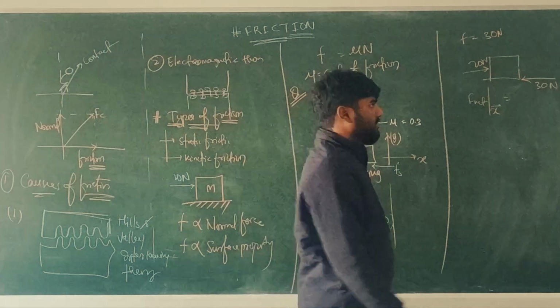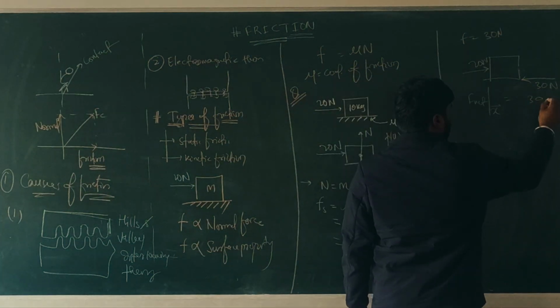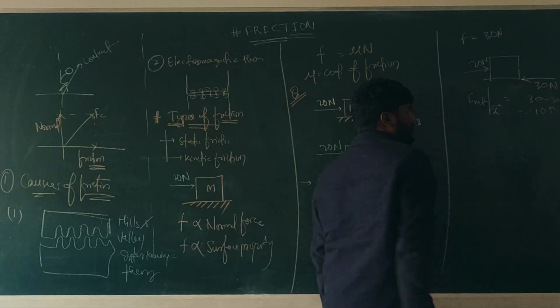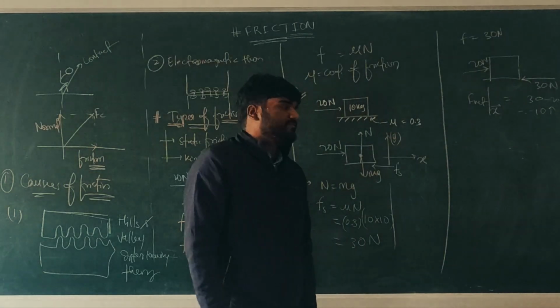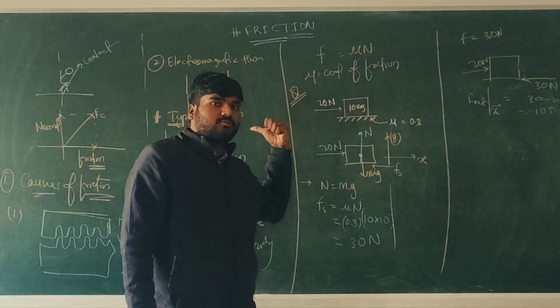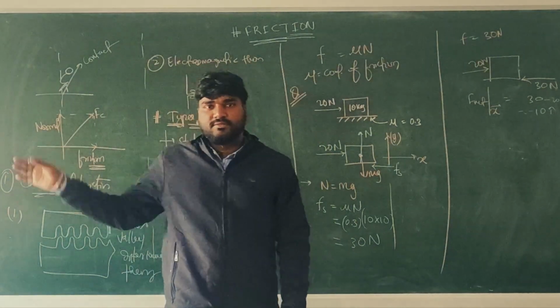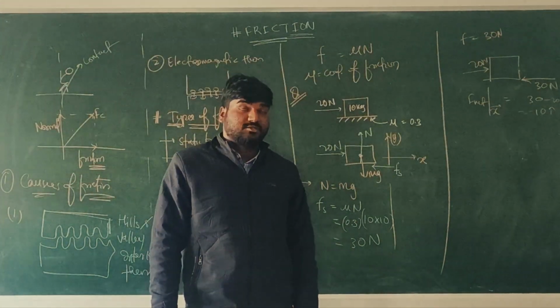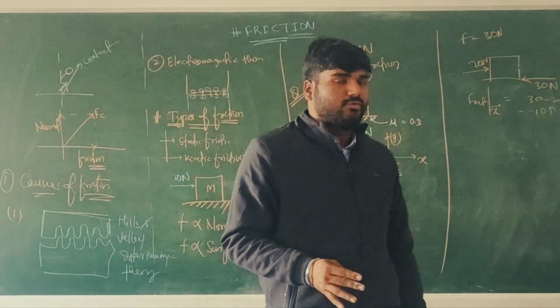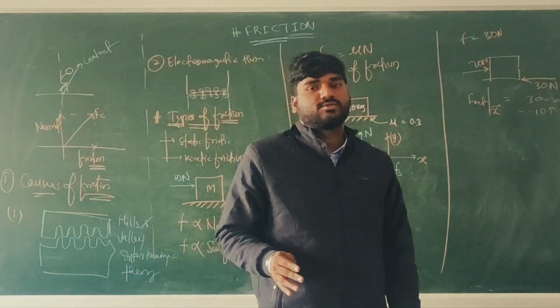The answer is yes, right? 30 minus 20 equals 10, minus 10 i cap. You know all this i cap, j cap, right? So the box will start to move towards the right. This is wrong. Why? This is where normally the students get confused.